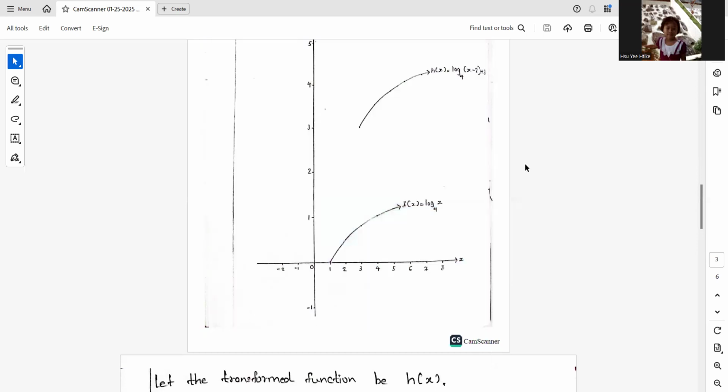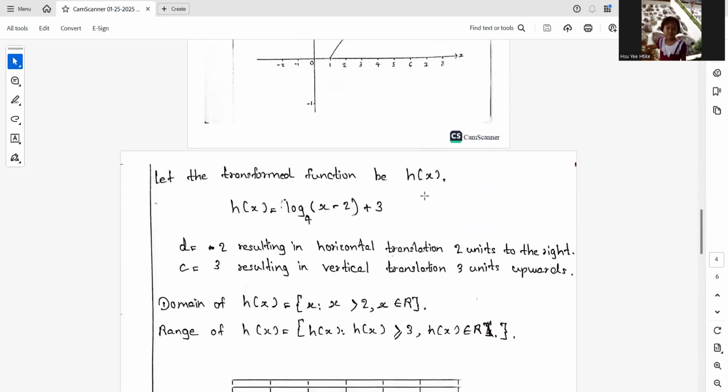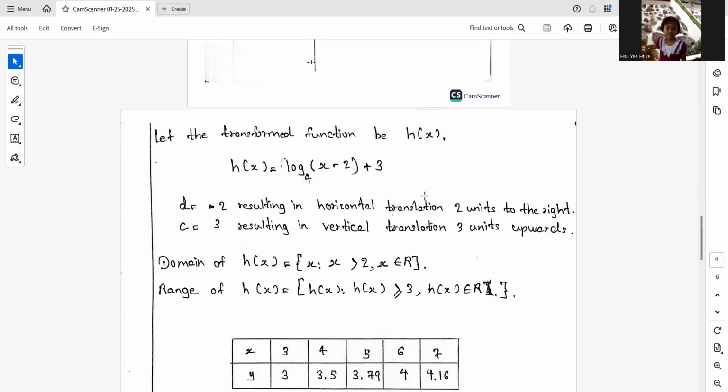The question asks me to do a logarithmic function under both a horizontal and a vertical translation. So I let the transformed function be h of x, where h of x equals log of (x minus 2) base 4 plus 3.